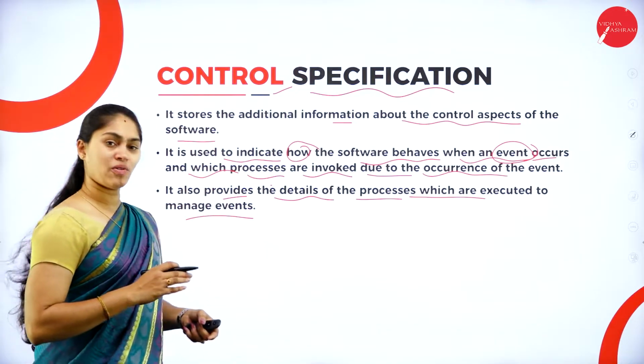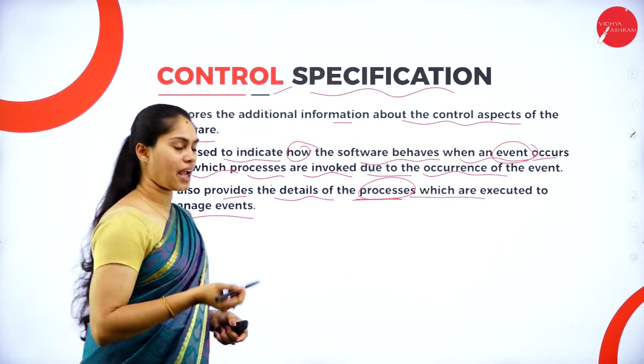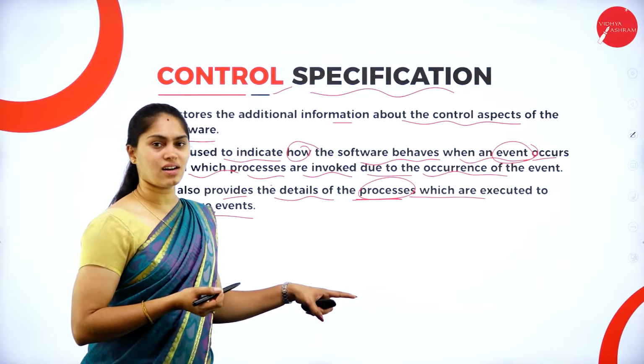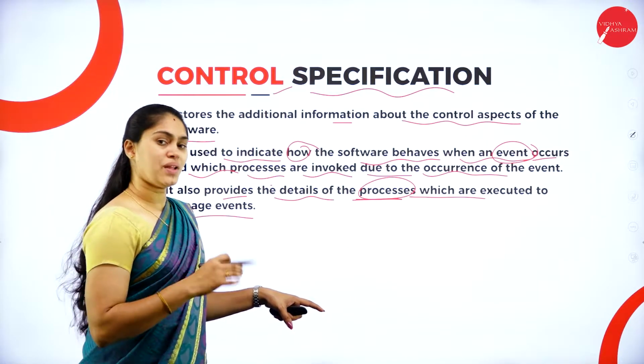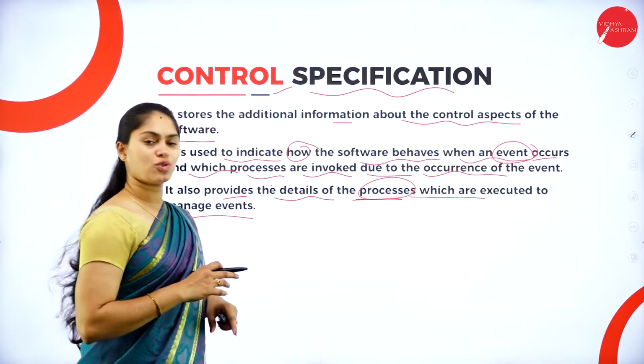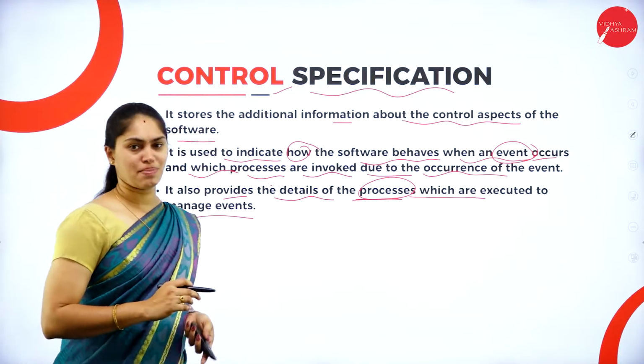Along with that, it provides the details of the processes which are executed in order to manage that event. So once the event occurs, that needs to be managed, then what are the processes we have to manage that event? That is also going to be stored as a detailed document in the control specification.